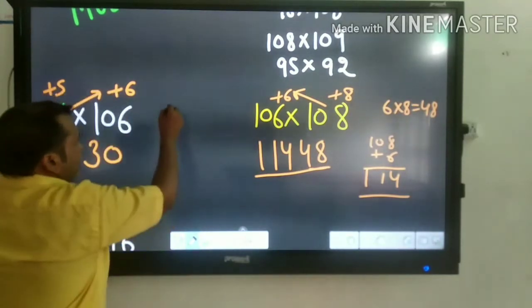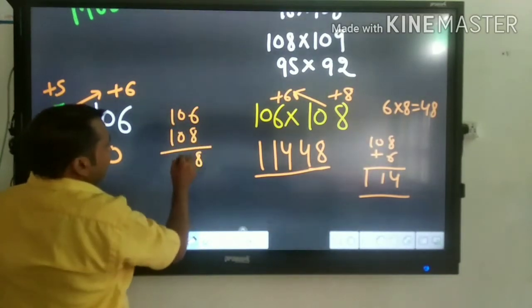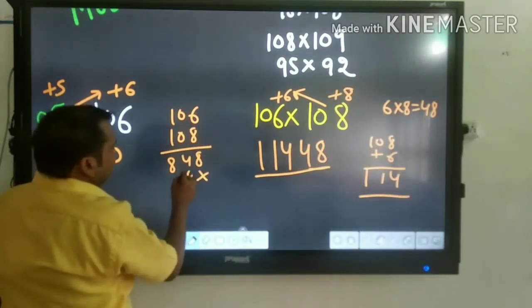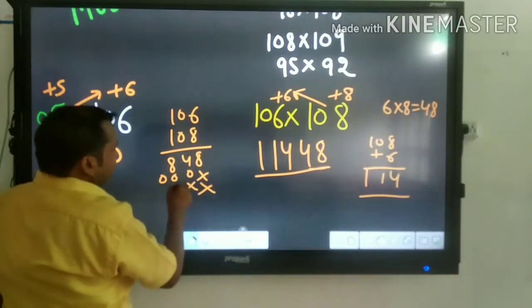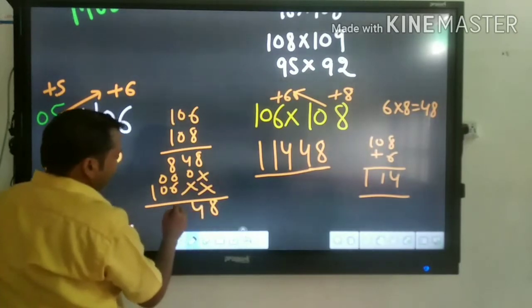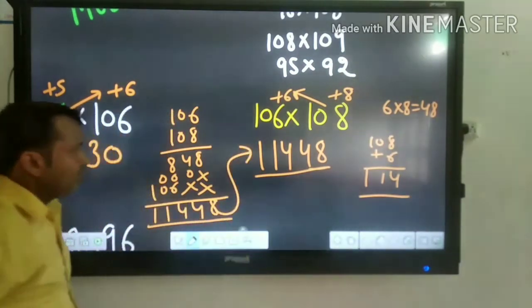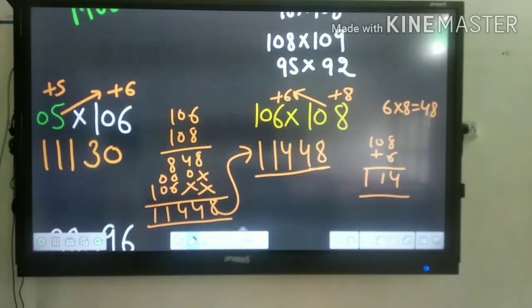Now I am going to verify this. You can see in the main course of multiplication what I am going to get. So you can see the answer is the same, student, as the shortcut gives us.